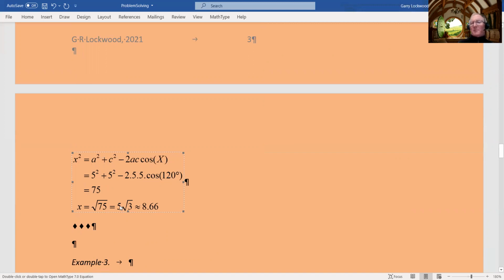If, of course, we're giving the solution to this problem to some engineer or surveyor or someone who's got to do something with it, they will want a decimal approximation. And in that case, we should provide that as well. But to say it's just 8.66 is technically incorrect, mathematically speaking. So make sure you give at least the exact solution. And if the decimal approximation is also needed, give that as well.